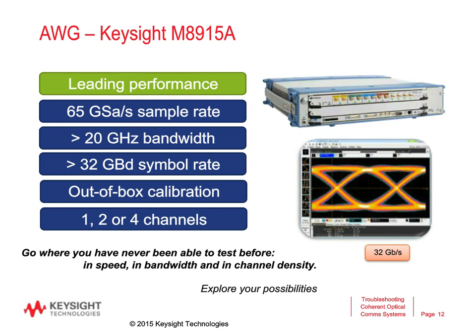Basically, it's possible to go into testing where you have not been able to test before in speed, bandwidth, and channel density. The picture on the right-hand side shows an NRZ signal at 32 gigabaud, and you see how nicely the eye is opening on this signal here.